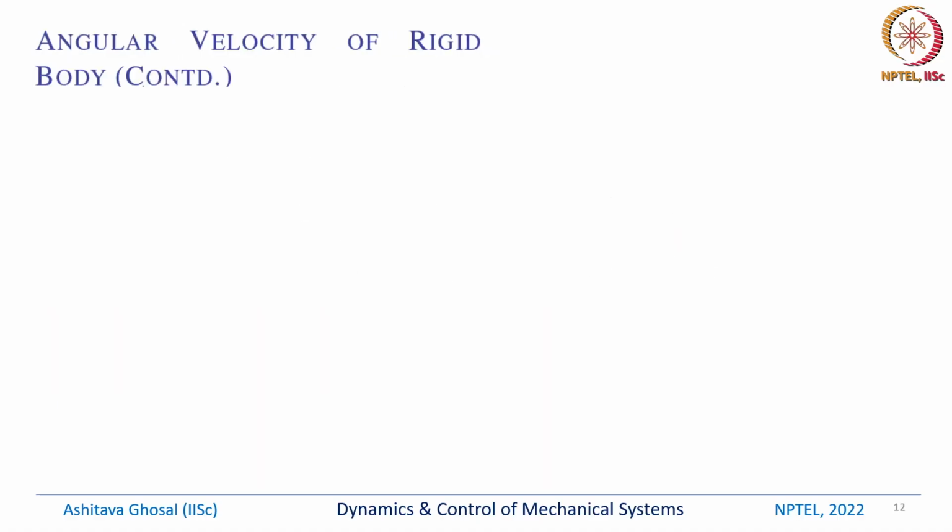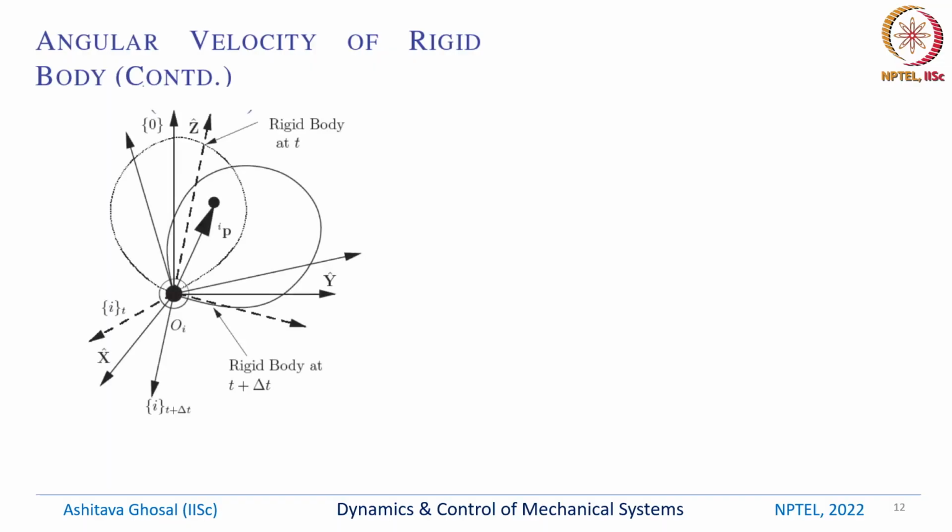To get a little more insight into these two different kinds of angular velocity vector, the space fixed and the body fixed, let us look at this figure. This figure shows a rigid body at time t, and this is the rigid body at time t plus delta t.